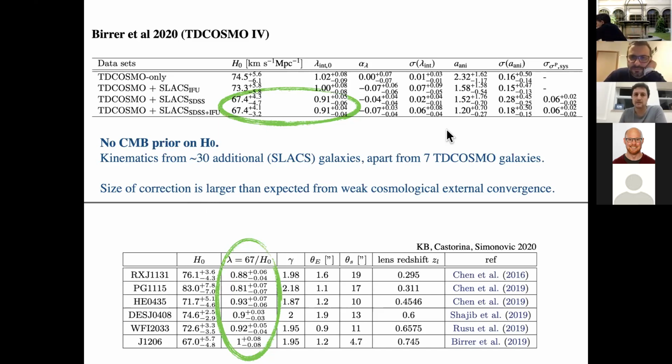No, I'm claiming that for TDCOSMO it's crucial that we're talking about time delays. This analysis has time delays from TDCOSMO, and the time delays have the angular diameter distance redshift relation free, H0 floats. If you fix that, the time delay data, which are now free, are going to nail lambda with a smaller error bar around 0.9.